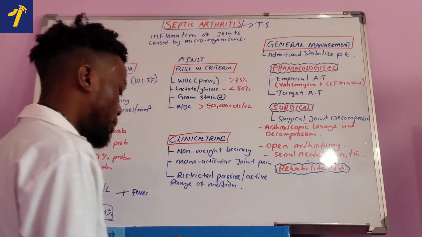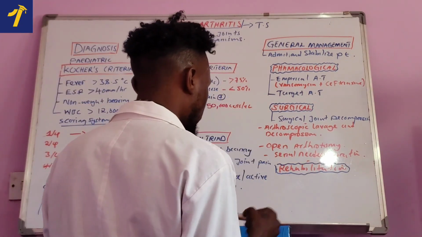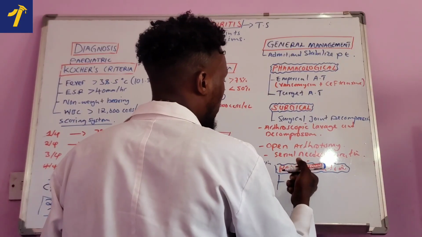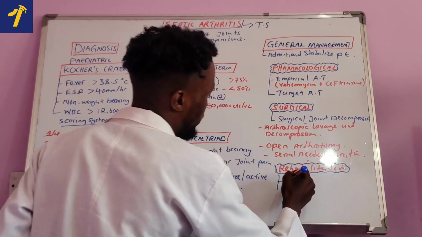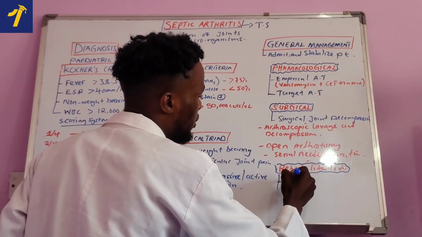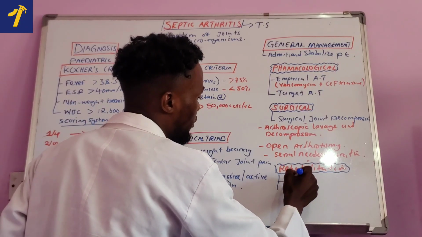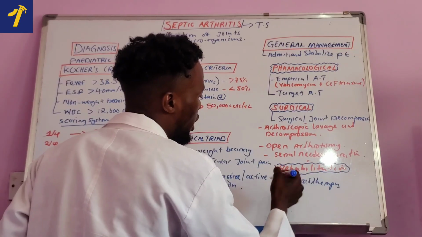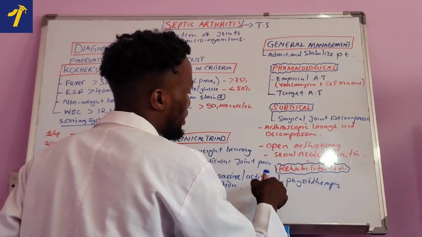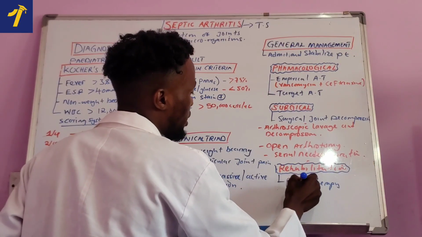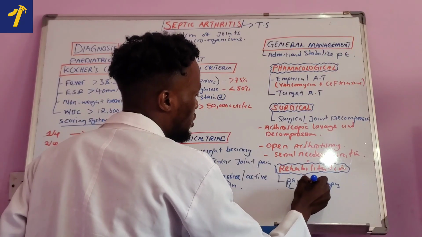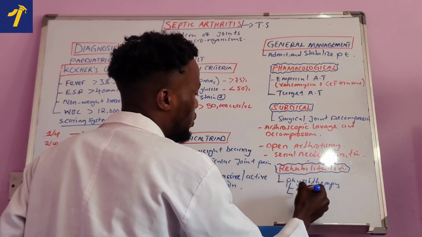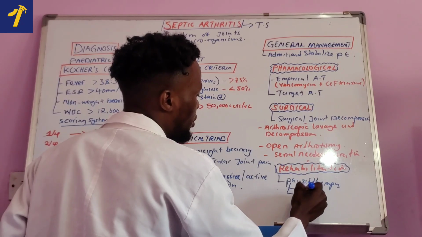So what you do here, basically you do some exercise, or physiotherapy exercise. So let's just say physiotherapy, where you do certain exercises. And this is going to help as well in what?